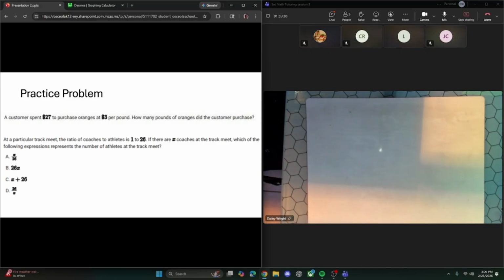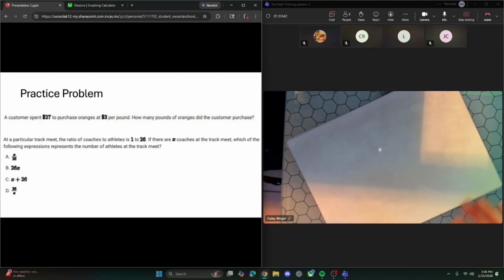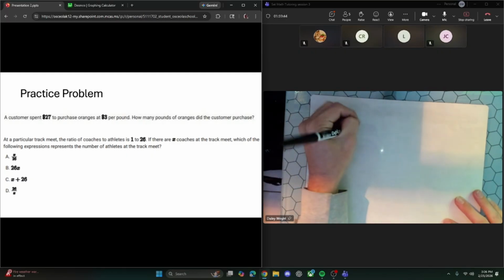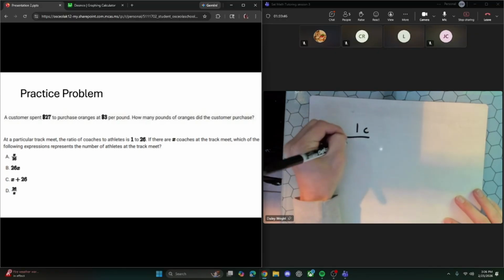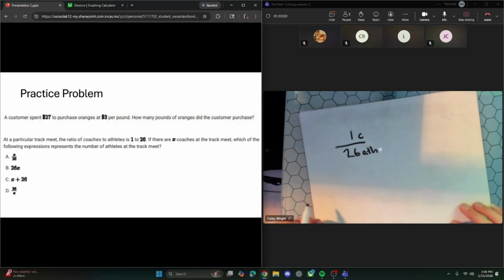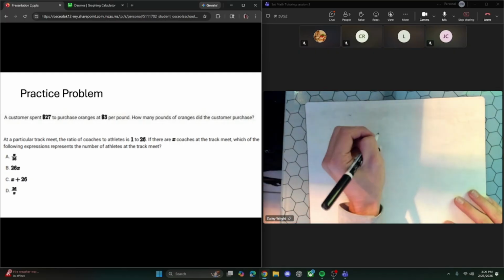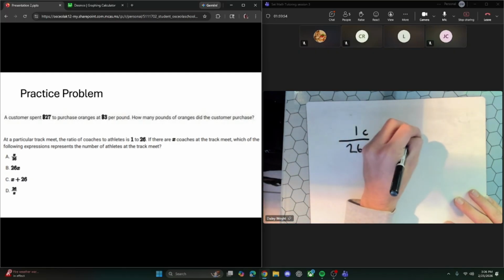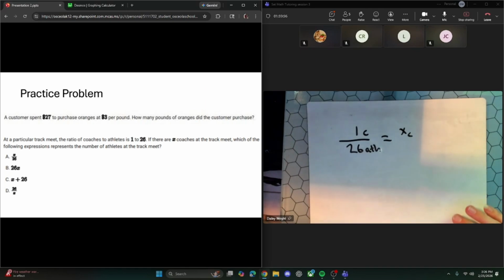At a particular track meet, the ratio of coaches to athletes is 1 to 26. So 1 coach for every 26 athletes. If there are x coaches, which of the following expressions represents the number of athletes?